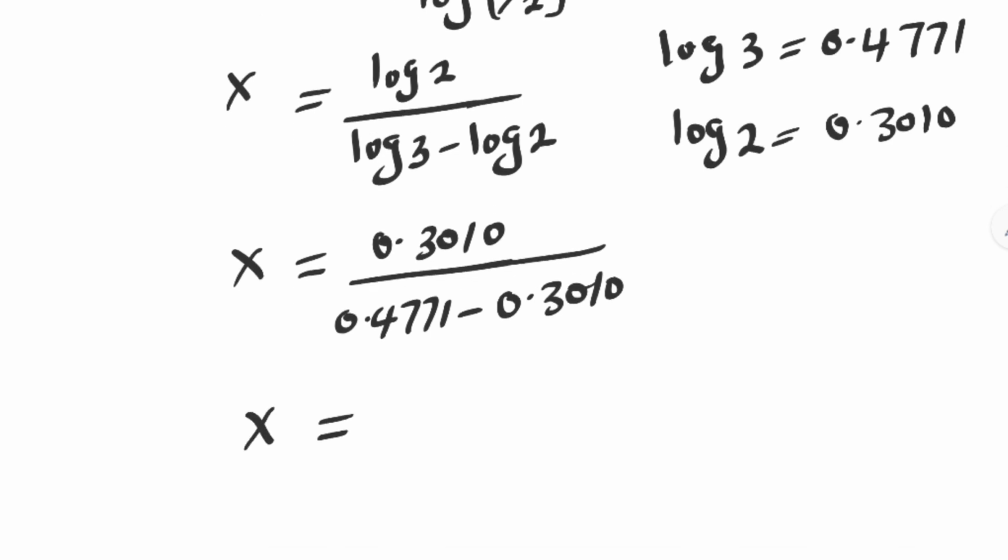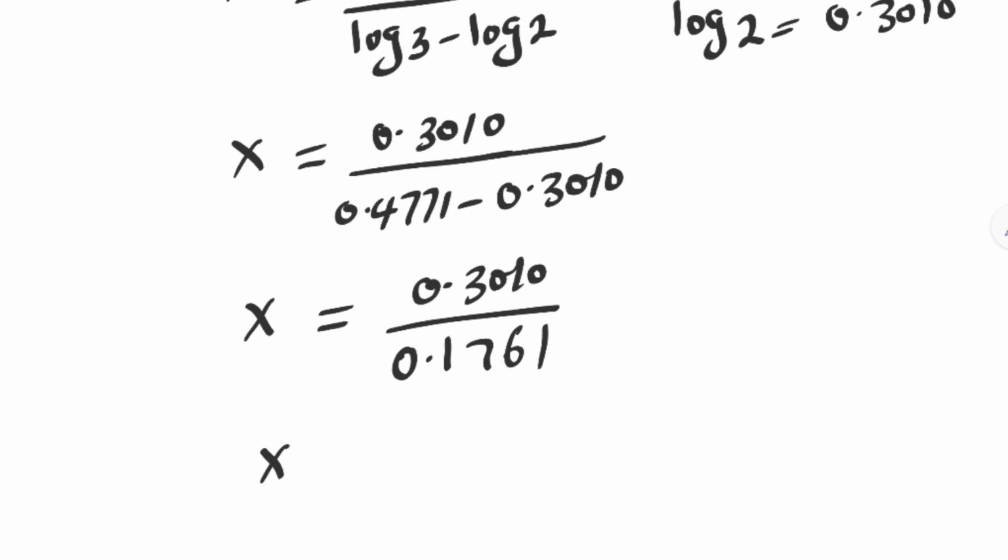x is equal to 0.3010 over, if you subtract, 0.4771 minus 0.3010, we have 0.1761. x is equal to, if you divide 0.3010 by 0.1761, we have 1.7093.